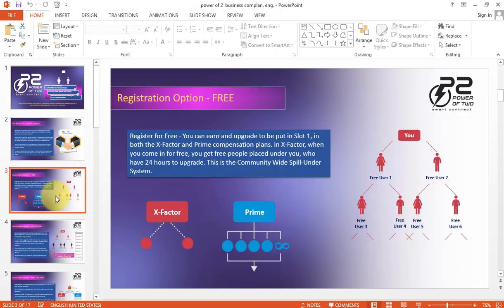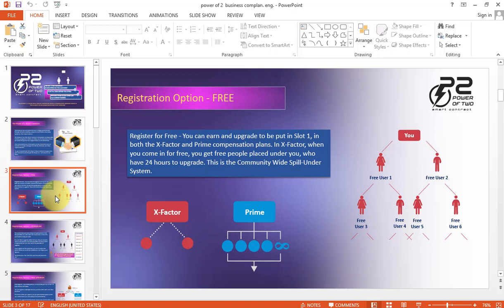So Power of Two is basically, as I said, a decentralized networking system, and it has two business programs structured on its system. The very first one is the X Factor, and the second is the Prime. Well, X Factor works in this manner. It's a 1 by 2 matrix, or a 1 by 2 network, whereby the Prime is a unit level network.